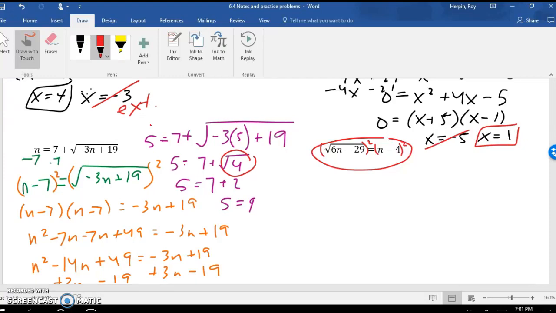Because the square root of 4 is positive 2, but it's also negative 2. So if we had a negative 2 there, then we would get 5 equals 7 plus a negative 2, which would give us 5 equals 5. But, like I said, we only care about positive values here.